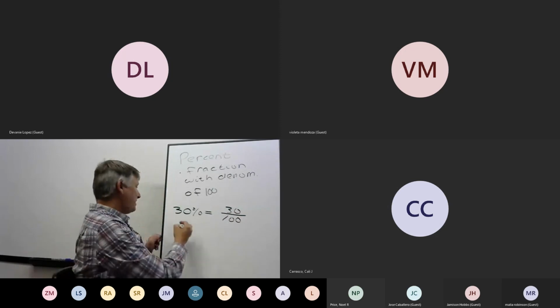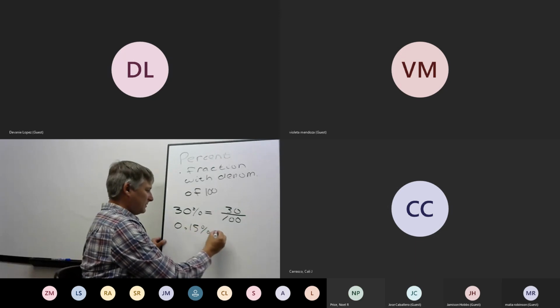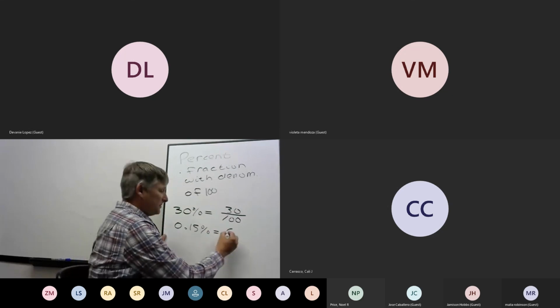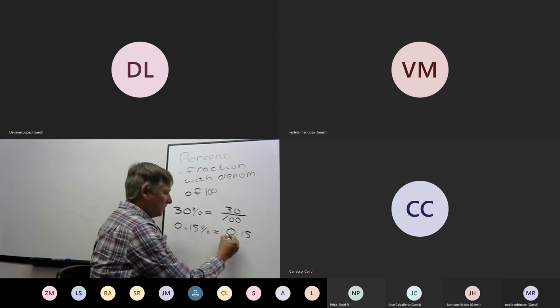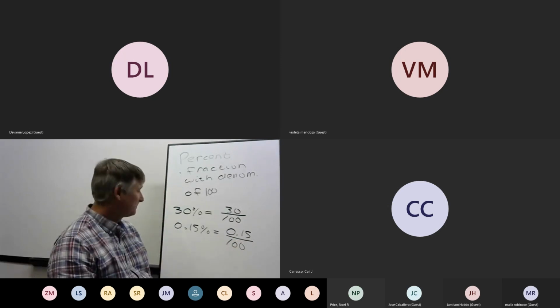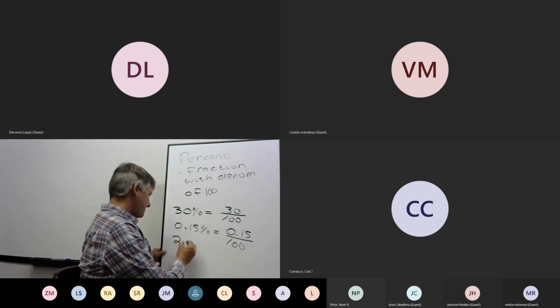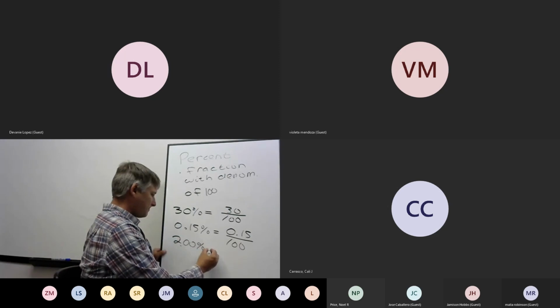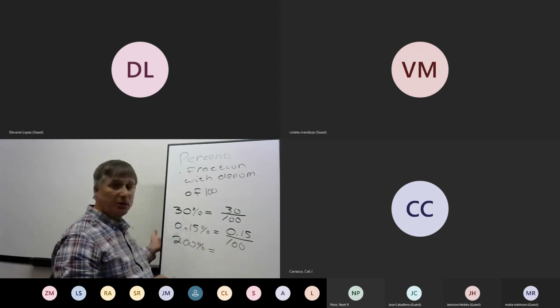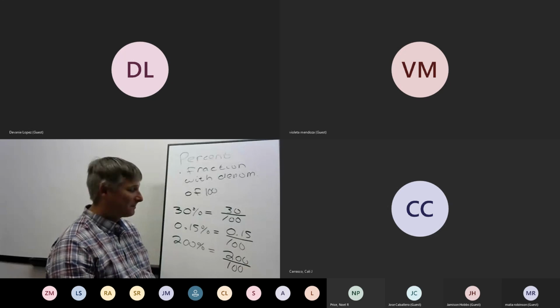If you have 0.15%, you could write this as 0.15 over 100. If you have 200%, you can write this as the fraction 200 over 100.